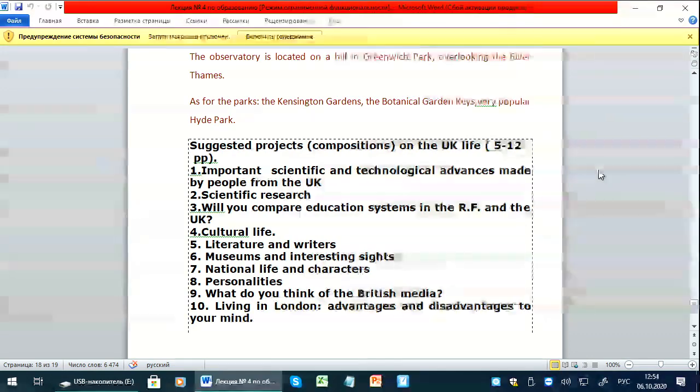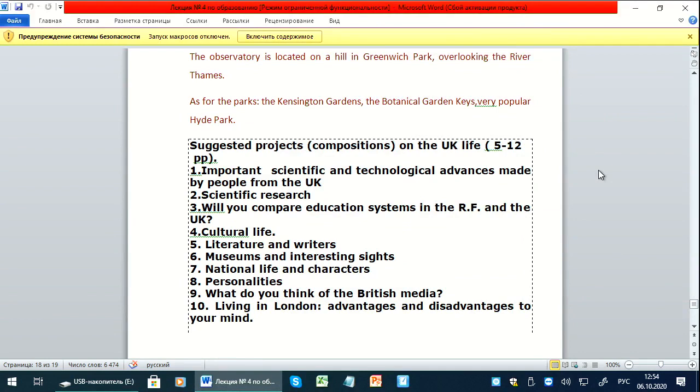So maybe you'll choose to write about British museums and interesting sites. Maybe you'll be glad to write about national British characters. Then, of course, different personalities, see?